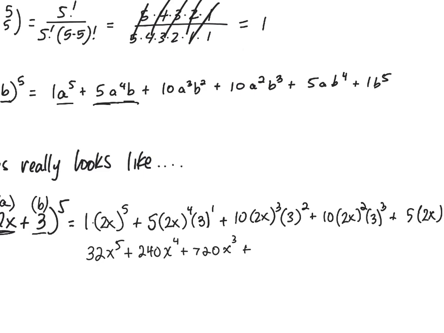And moving on to here, we have 2 squared there, that's just 4. 4 times 10 is 40. And then 3 cubed is 27. So we have 27 times 40, which is 1080. And then it's going to be x squared.